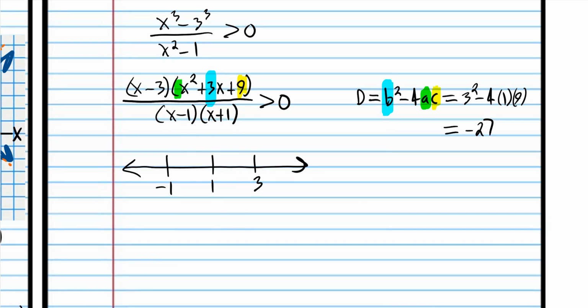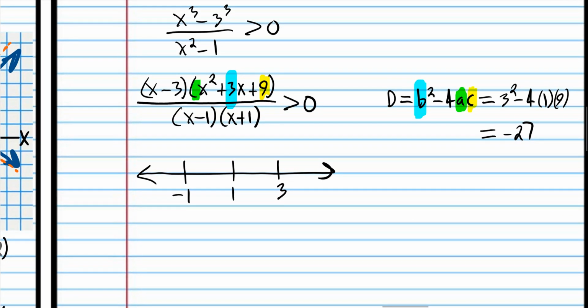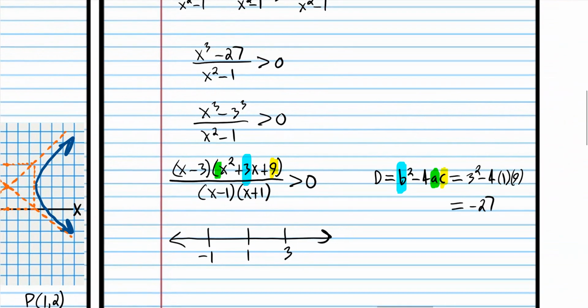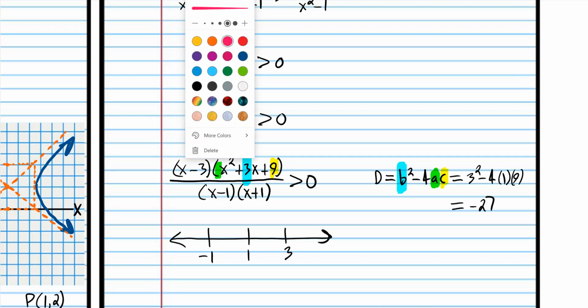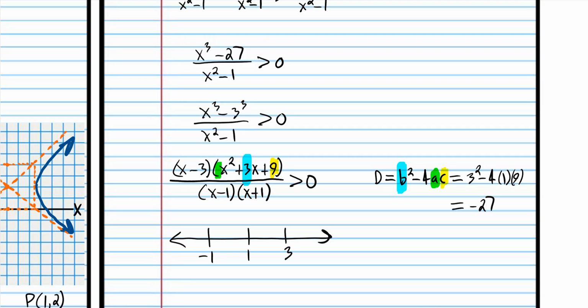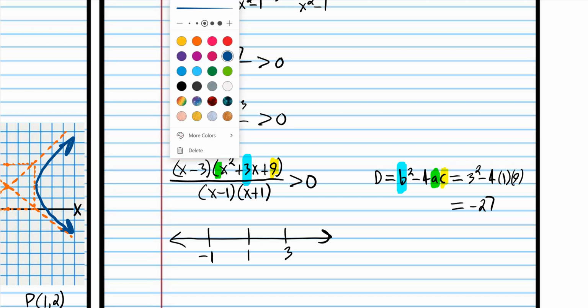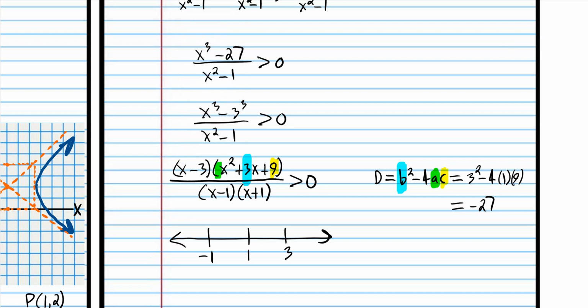So let's see here. Let's test everything. Now, when we test the signs, I'm going to use this expression. Why am I going to use that? Because it's just easier. So let's plug in 0 up here. If you plug in 0, we get a positive number. You can do the math quickly in your head.